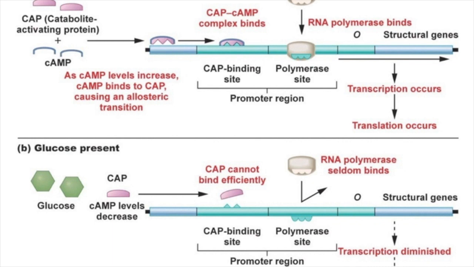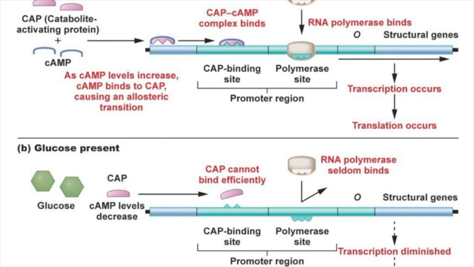And that binds to a specific site in the promoter region. You'll notice in this image, we've zoomed in on the promoter region. It used to only be wide enough that we could see the spot where polymerase sits down. The operator is still over to the right. Now that we've zoomed in, we can see that there's a spot for the polymerase to bind, but there's also a spot for this CAP-cAMP complex to bind.